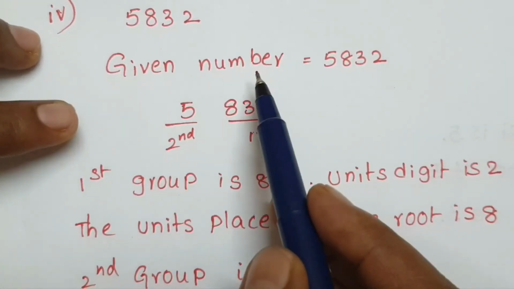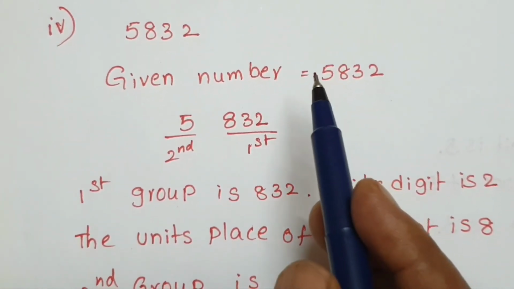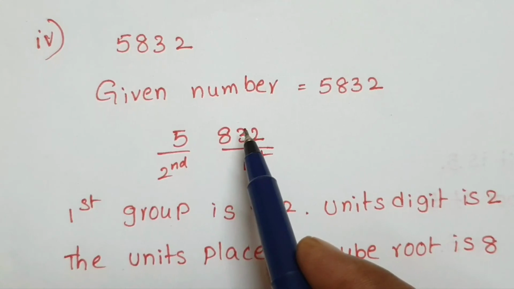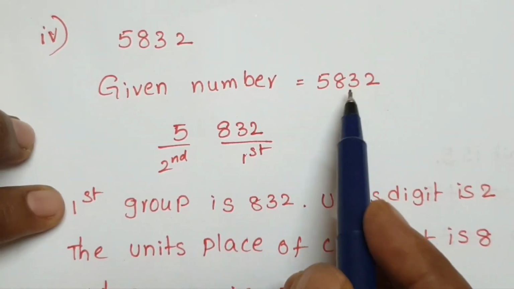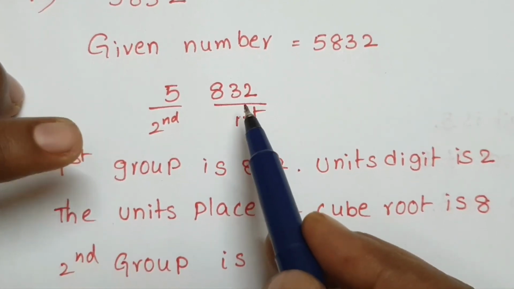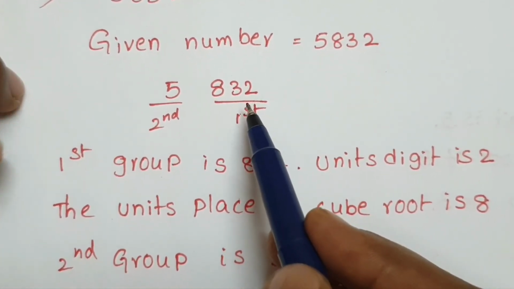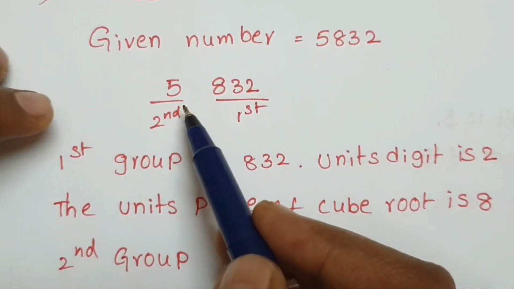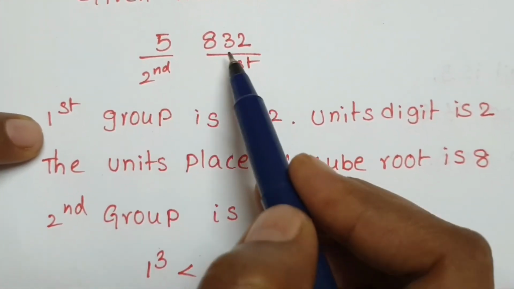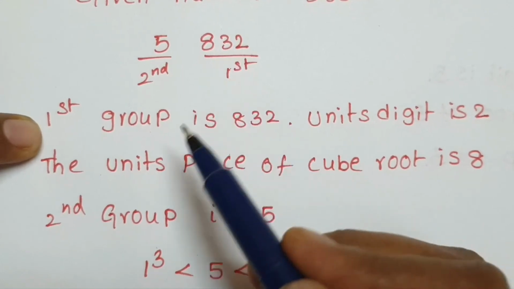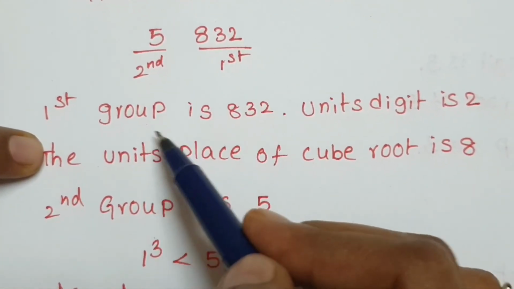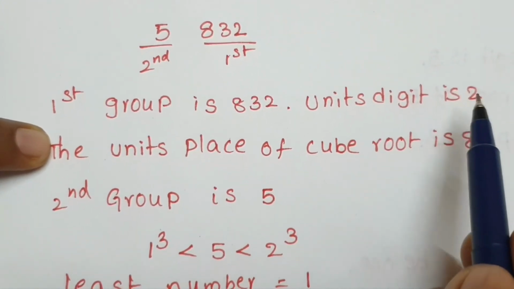Once again, see here, the given number 5832 is divided into two groups. The first 3 digits, 832, and the remaining digits. Whatever it is, the first group gives the units place and the second group the tens place. In the first group 832, the units digit is 2.